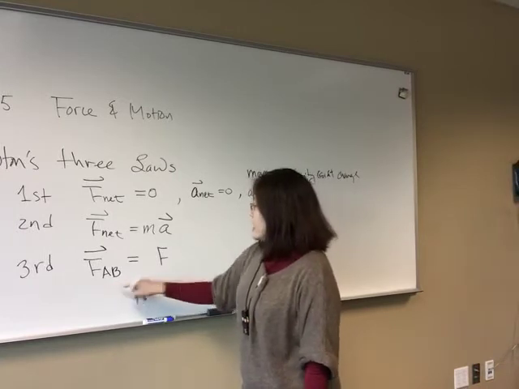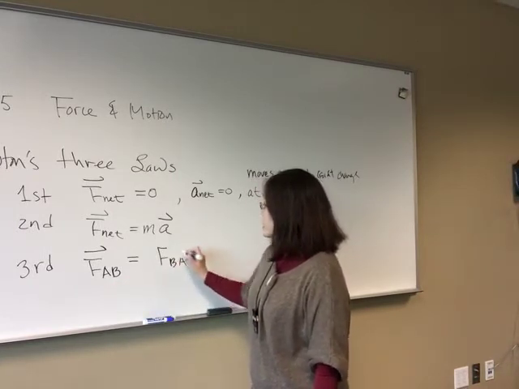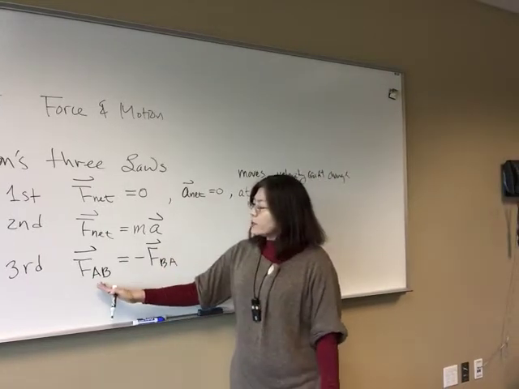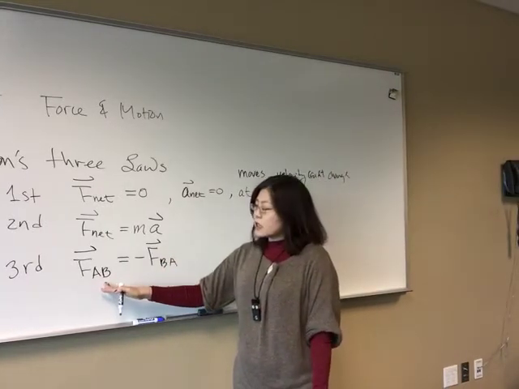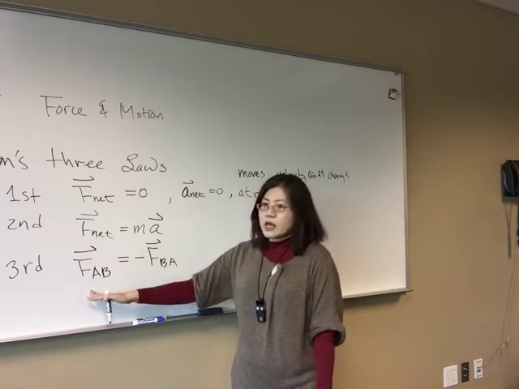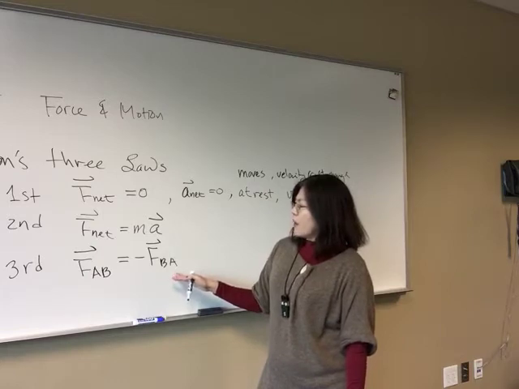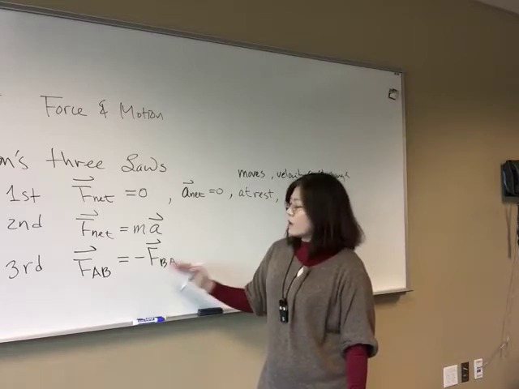So FAB is equal to FBA, subject to a negative sign. What does that mean? It means that the force exerted by object B on object A is equal to the negative of the force exerted by object A on object B.